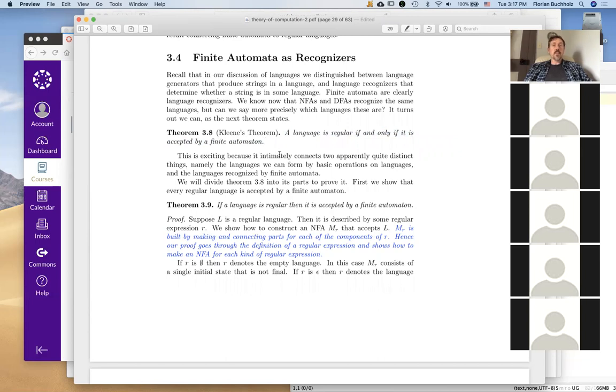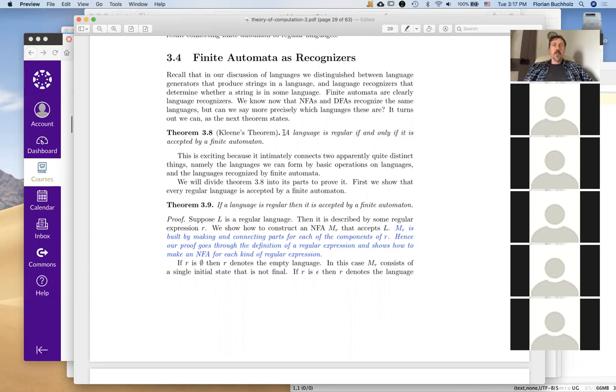But this now states that essentially, if you have a regular expression, you can build an automaton that accepts that language. And it also states that if you have an automaton, then you can build a regular expression from it.